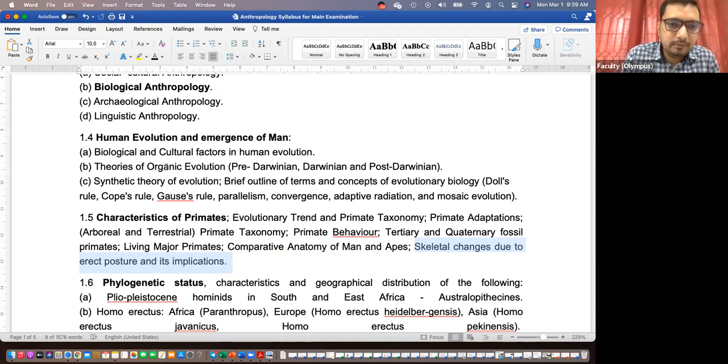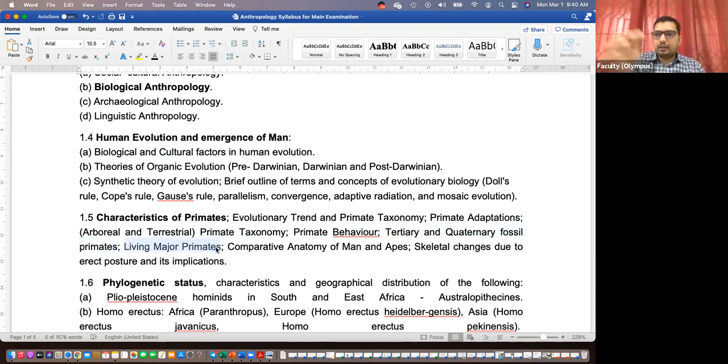This is nothing but biological factors. So we're going to talk about this as part of biological factors, plus some cultural factors: what promoted this type of development in humans to where we are today? That is the overall idea. Towards the end, I'm going to deal with tertiary and quaternary fossil primates. In the classification itself, we will learn about living major primates.